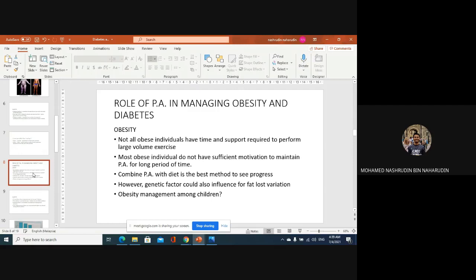In fact, not just preventing, it can also manage or act as an alternative medication to treat your obesity and diabetes.